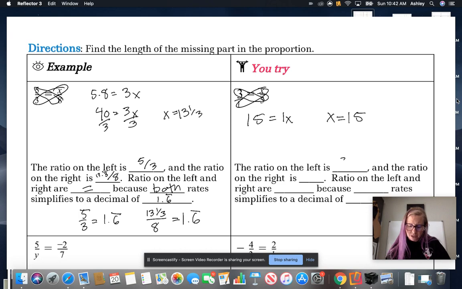The ratio on the left is 3 over 1, and the ratio on the right is 15 over 5. They are equal because both rates simplify to a decimal of 3.0. 3 divided by 1 is 3. 15 divided by 5 is 3. That's what we're looking for.